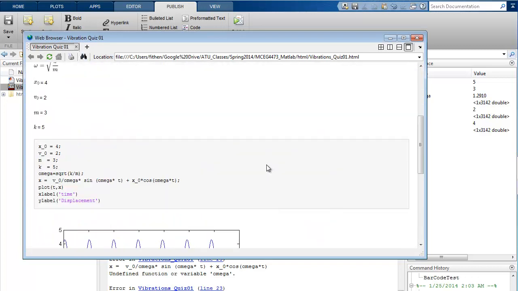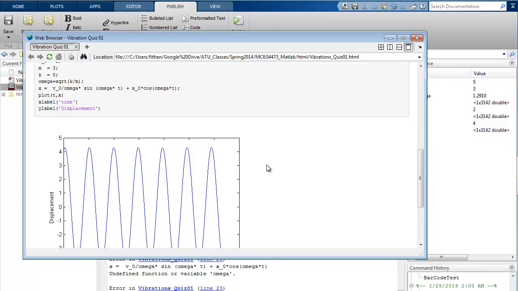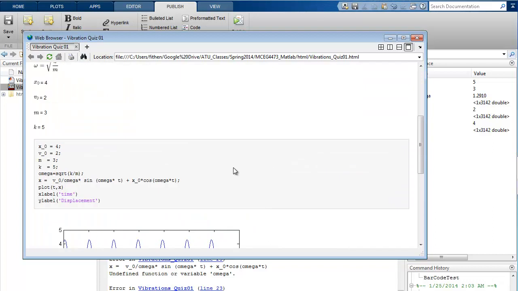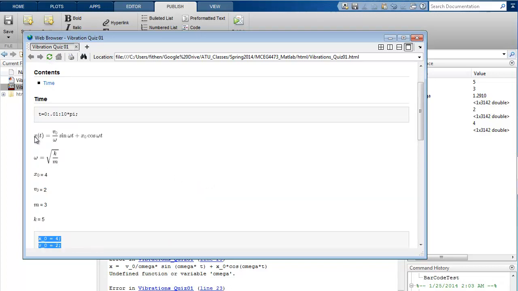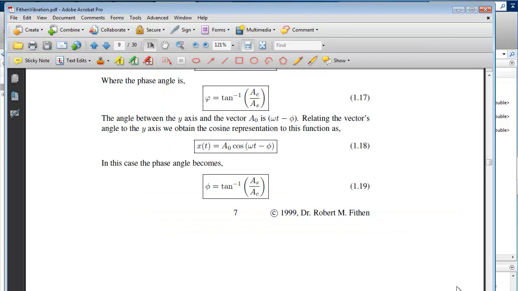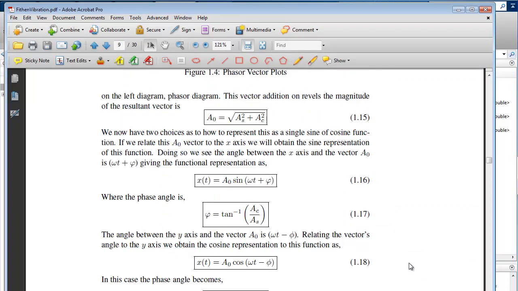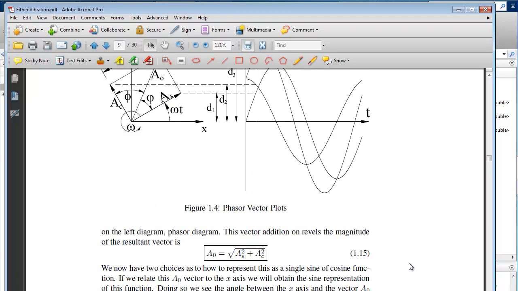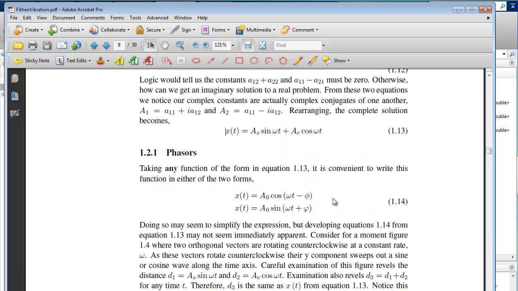So my question now is, now that I know initial position and velocity, is that the same as the other representation for the displacement here? What I mean by that is, we had this representation.